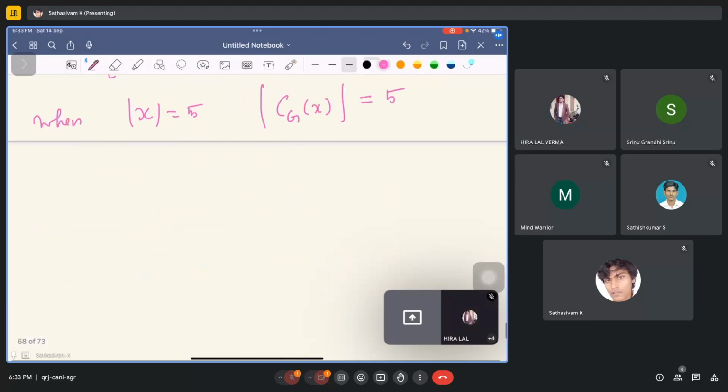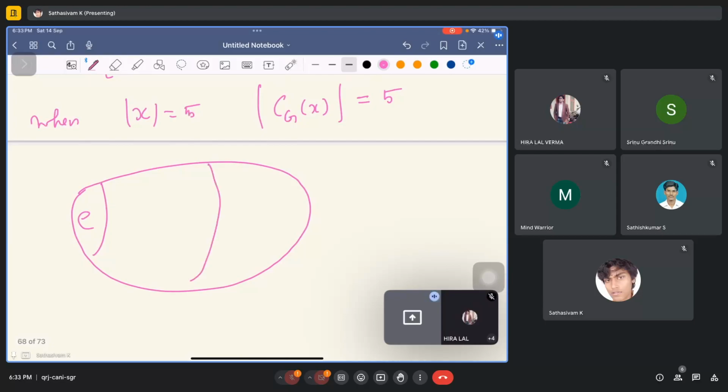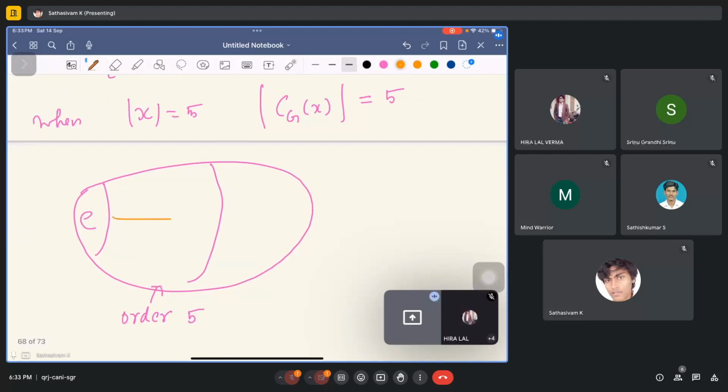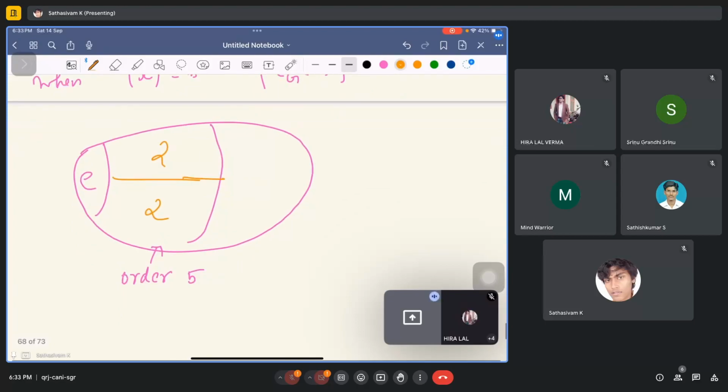Okay, so what happens here if you write down this class equation? We have the identity here, and we have 4 elements of order 5, and that divides into 2 conjugacy classes, each of 2 elements.